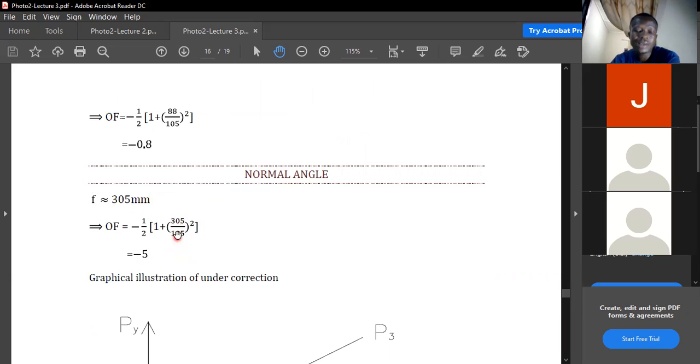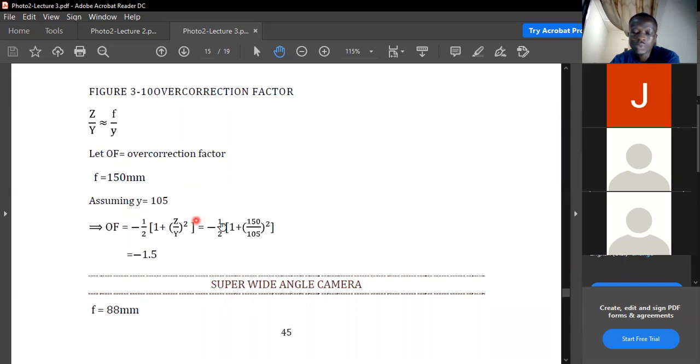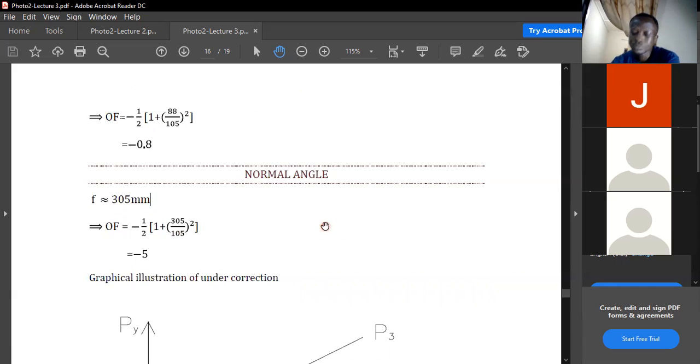So z over y is the format divided by 2. So this is actually a 110 by 110 format. So what is the format? The format is the dimension of the photograph. Is that okay? All right.